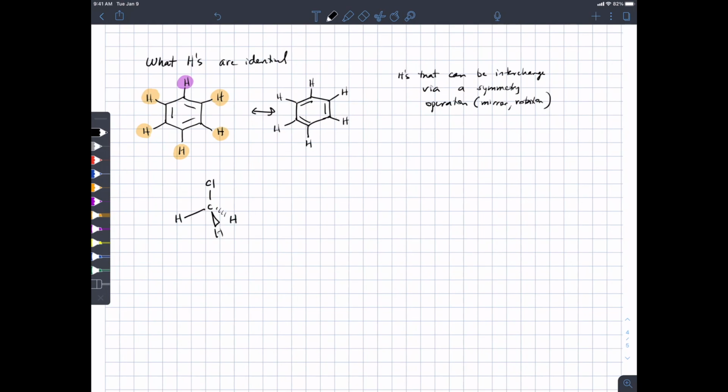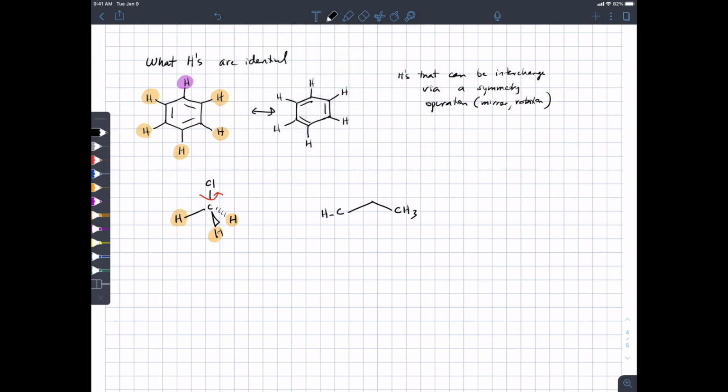Just one, again, because we can trade places of those protons by simply rotating around that carbon-chlorine bond. If by rotation you can interchange the position of protons, then they're identical. In general, at temperatures that we're interested in, where rotation is possible, protons in a methyl group will be identical to each other.